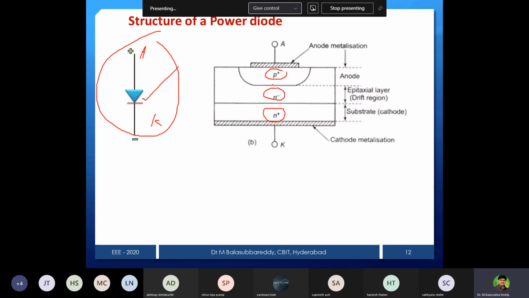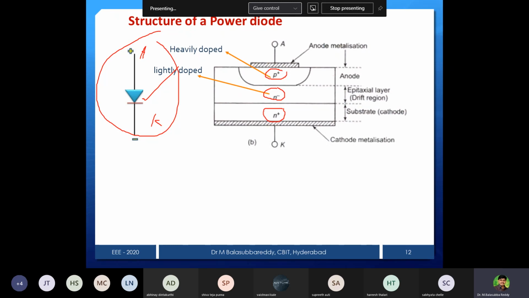You can see that the P plus layer and the N plus layer are heavily doped, meaning high conductive material, and N minus we make as a lightly doped material. So we sandwich it in between the P plus and N plus.